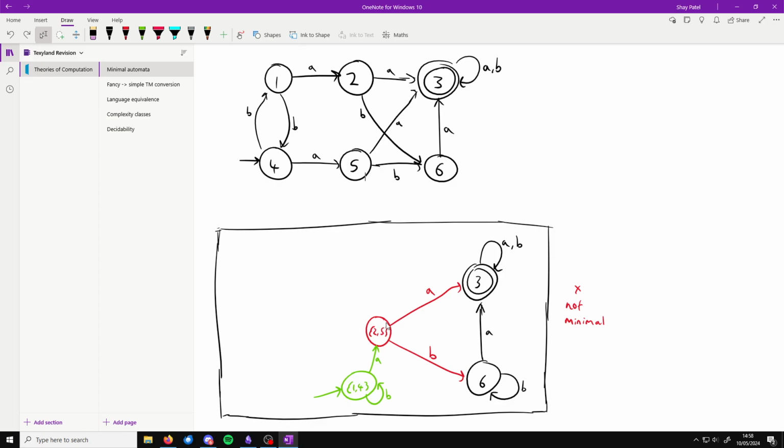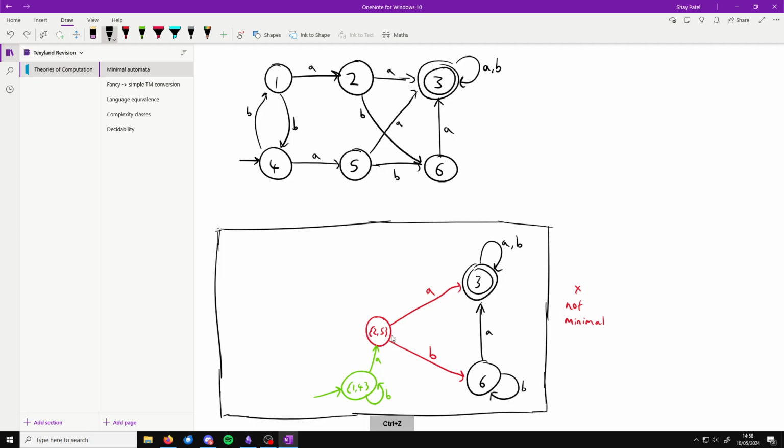No, because 2, 5 accepts A. So does 6. So when we're comparing the state equivalents, we don't actually care about the receiving. We just care about what it accepts and what it rejects.